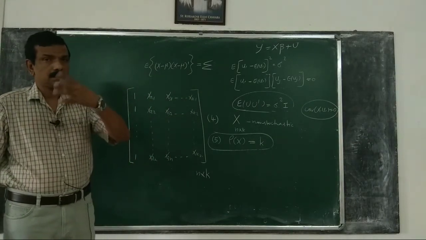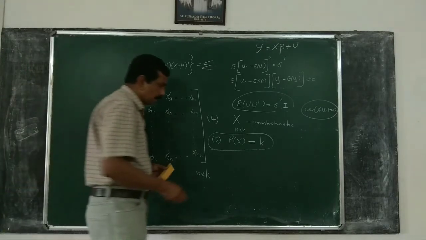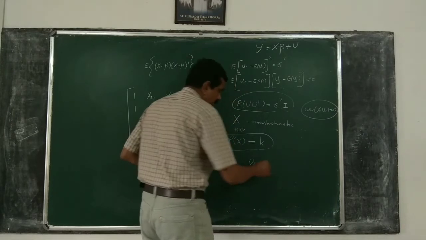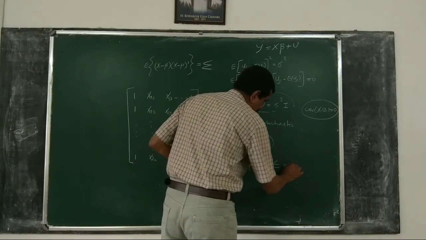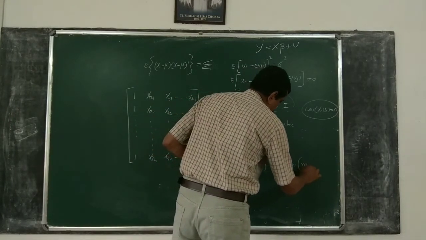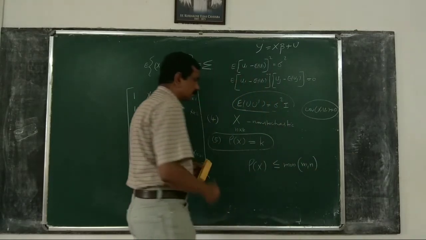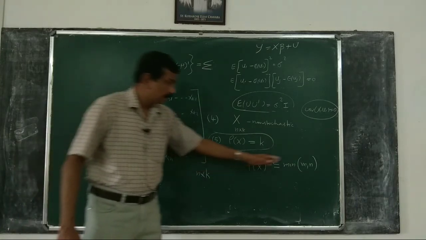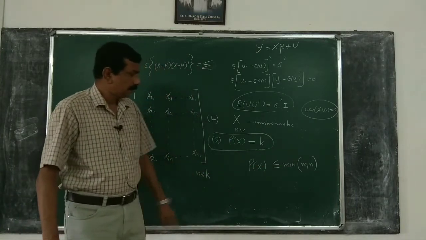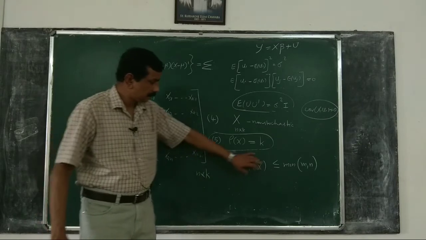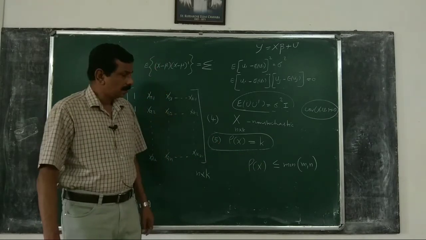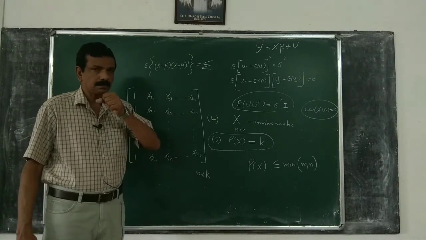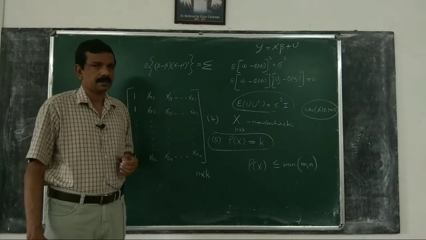And as I told you earlier, rank of any matrix X is less than or equal to the minimum of m or n. Suppose that in the matrix X, all the rows and columns are linearly independent.